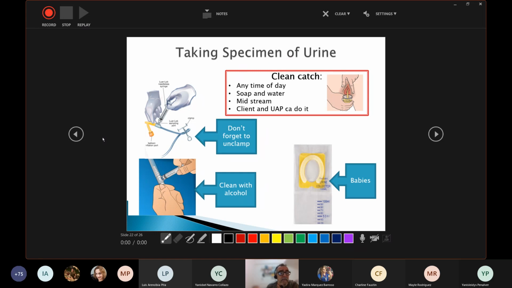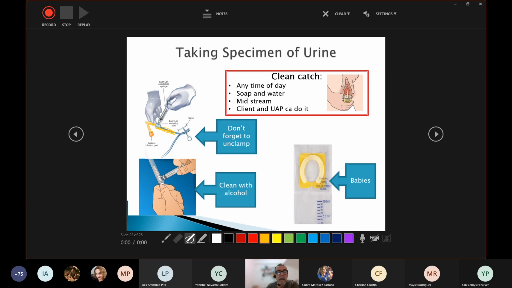For taking a specimen of urine, remember that you use clean gloves. You don't need to use sterile gloves, but you are going to have a sterile syringe. You need to clean the port with alcohol and allow it to dry. And you need to clamp, as you see here, the tubing, not the Foley, the tubing that goes to the back. You need to clamp that for 15, 20 minutes to allow the urine to accumulate here.